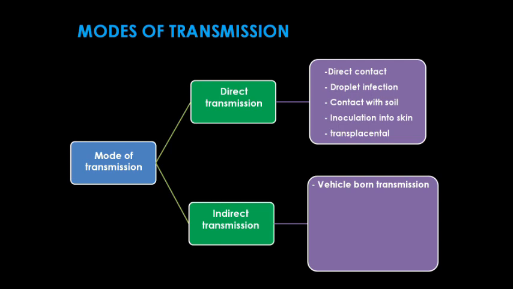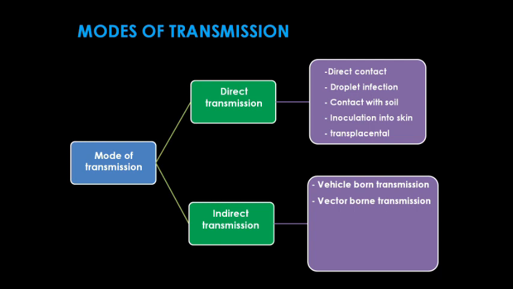Those transmitted through blood include hepatitis B. The second in indirect transmission is vector-borne transmission. The transmission by vector may be mechanical or biological. They are any living carrier that transports an infectious agent to susceptible hosts, like flies, mosquito.